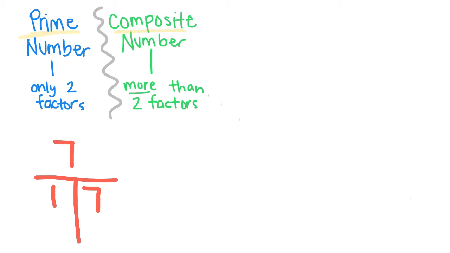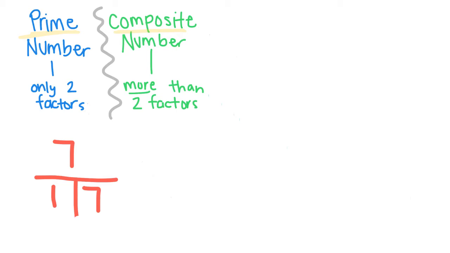And then what else? Can I do 2 times anything to equal 7? 2, 4, no, not 2. Okay, what about 3? 3, 6, 9, nope, not 3. What about 4? 4, 8, nope. You know what? I think that there are actually only 1 and 7 that fit into the number 7.